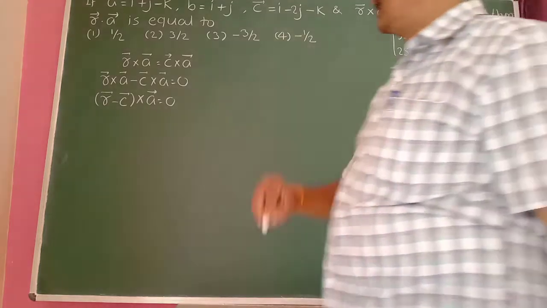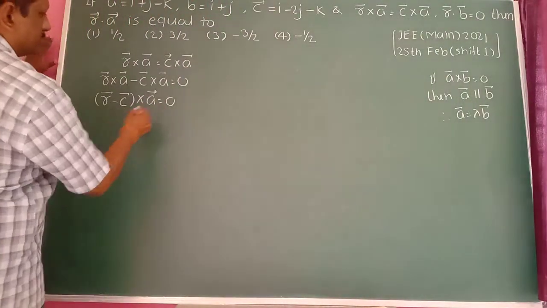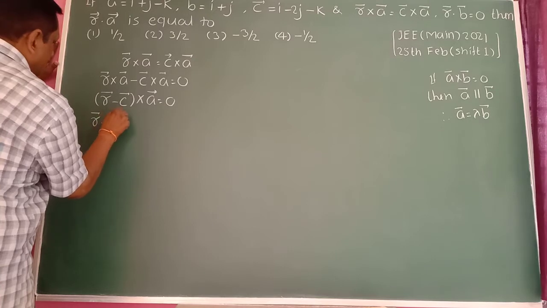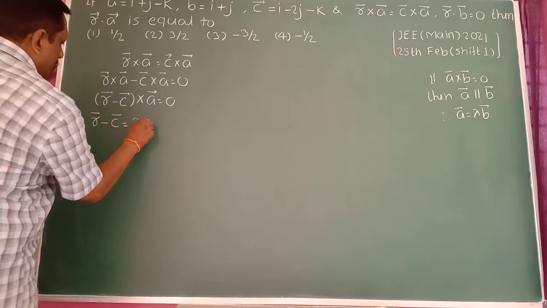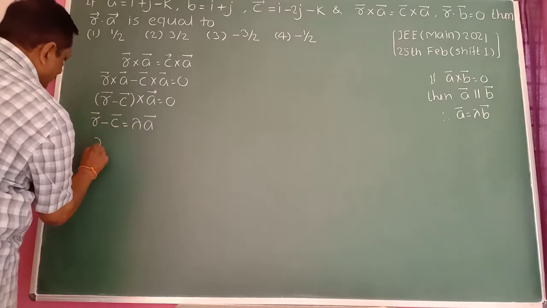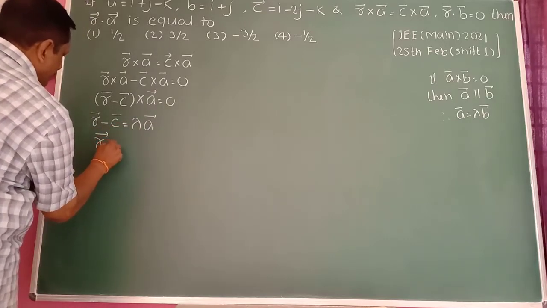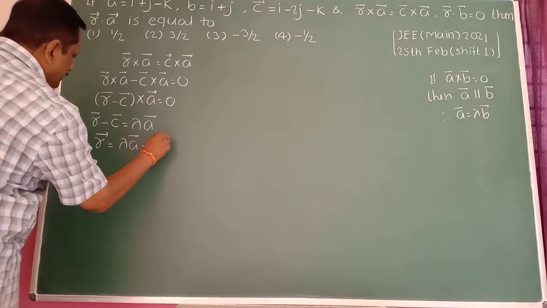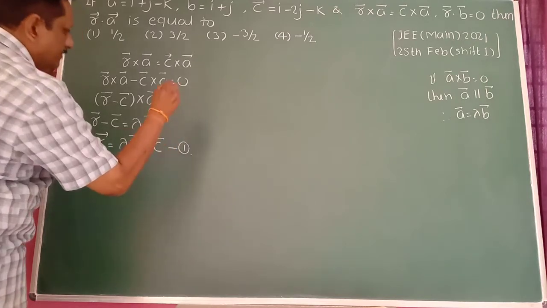So use the same result here. Its cross product is 0 here. Hence r bar minus c bar is equal to lambda into the vector a bar here. Take c bar right hand side here. So r bar is equal to lambda a bar plus the vector c bar here. Take this one as equation number 1 here.